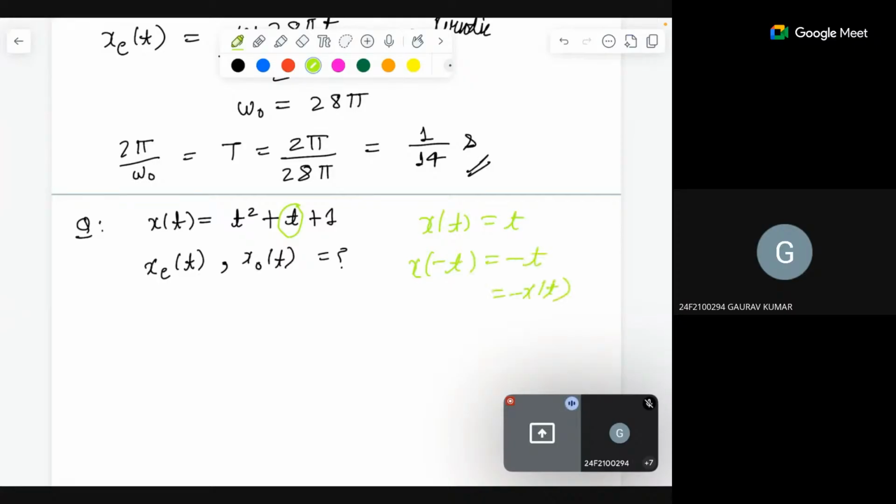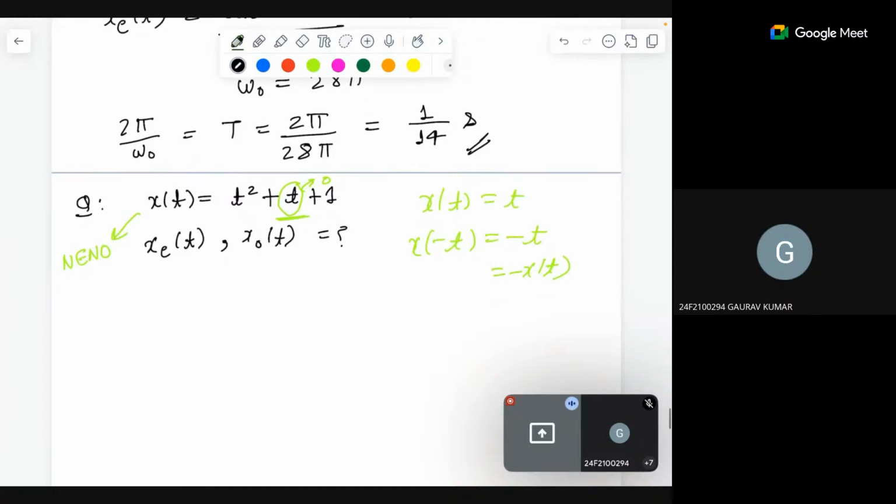So we can very clearly see that this is odd. So the leftover portion has to be even because this x of t is neither even nor odd. If some part is odd, then the remaining part has to be even, because a signal can be written as x of t is equal to x even of t plus x odd of t. Is this clear or do you want me to repeat it?